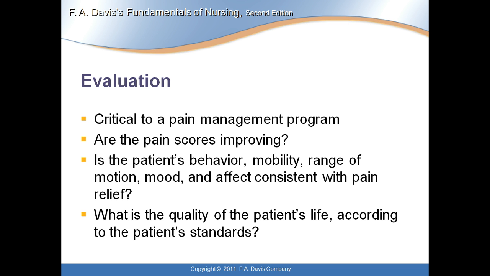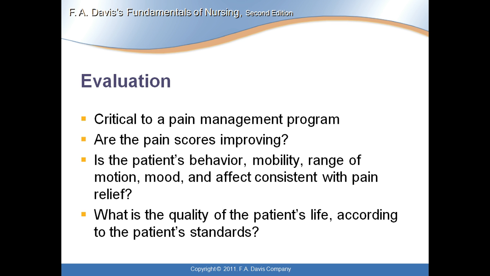So, evaluation is critical to the pain management program. Are the pain scores improving? Is the patient's behavior, mobility, range of motion, mood, and affect consistent with pain relief? What is the quality of the patient's life according to the patient's standards? So if they're in chronic pain and they're always living at a 5 and they're at a 5, then it's working.